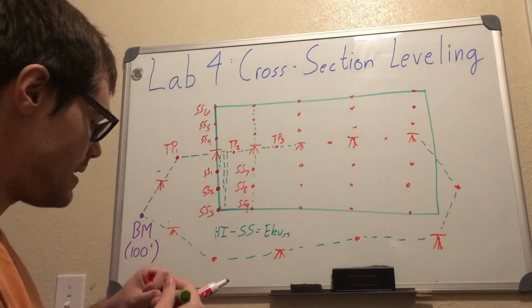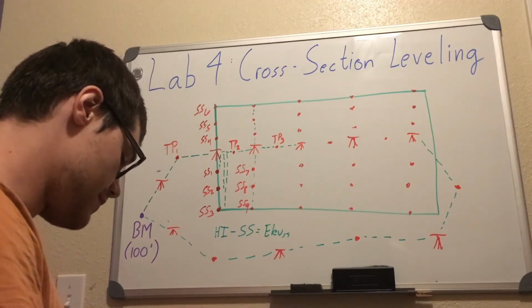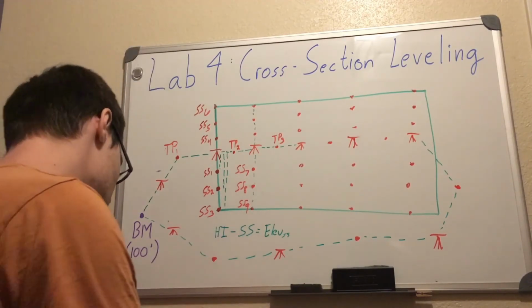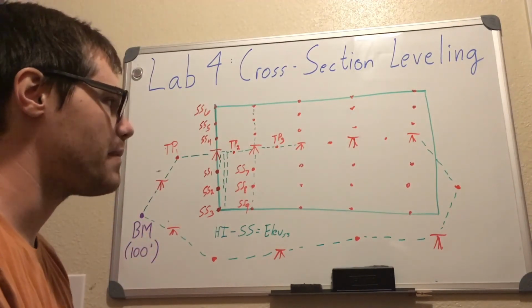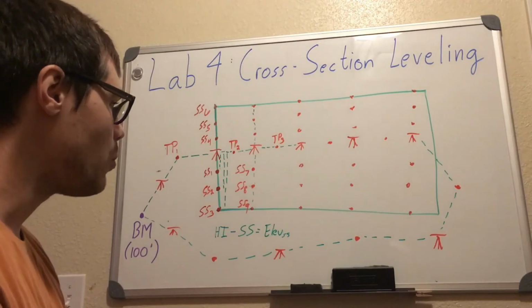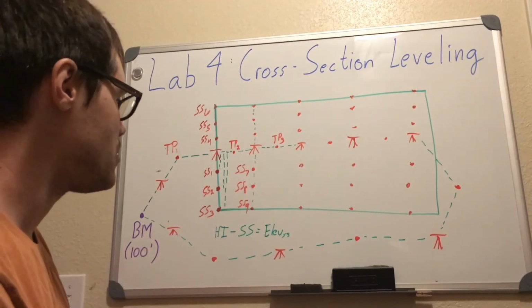Okay. Now, just like last week, if you finish a circuit, you need to verify that your circuit measurements come out okay and that we haven't made any egregious errors. So once you have finished your circuit, you would do two things.